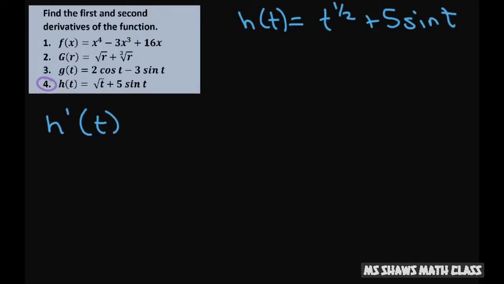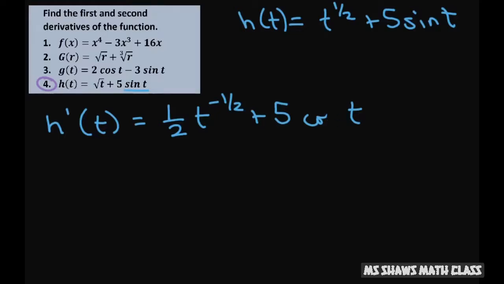So we're going to get h prime of t equals 1/2 t to the negative 1/2 plus, and the derivative of sine is cosine, so that's 5 cosine of t.